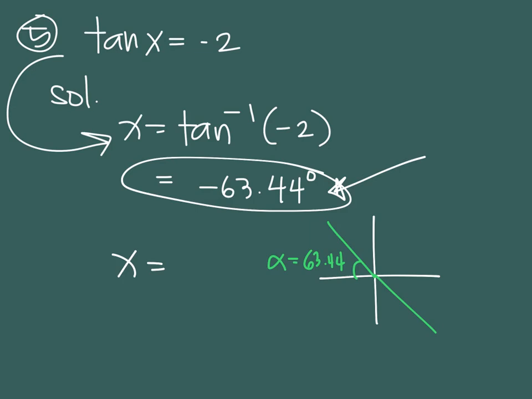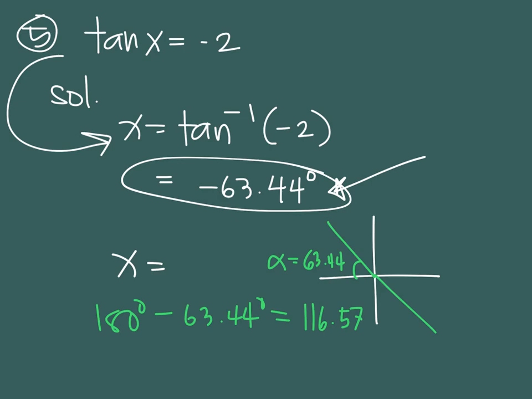So going back means 180 minus 63.44. And what is the answer? 116.57, rounded off.